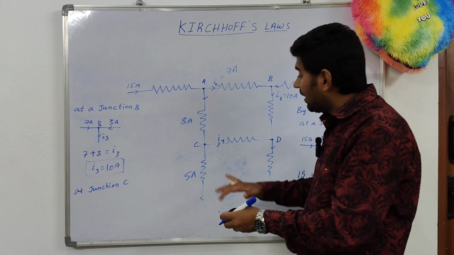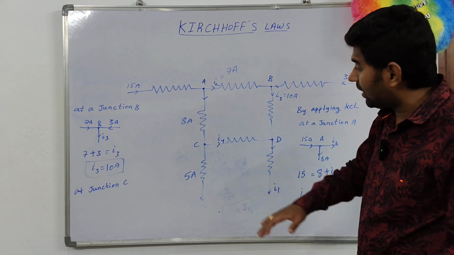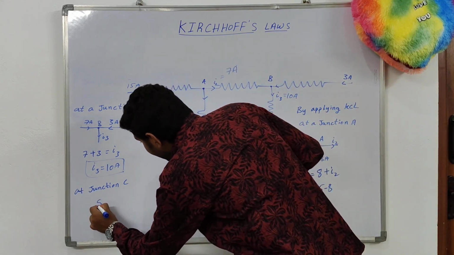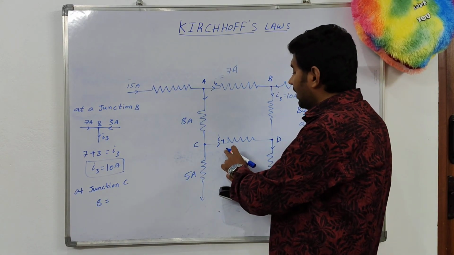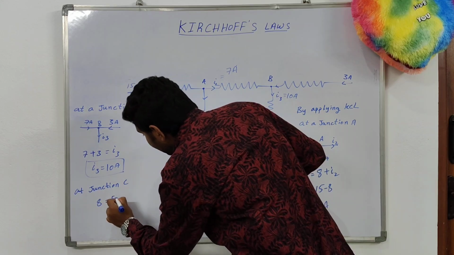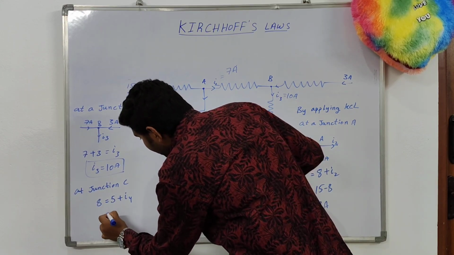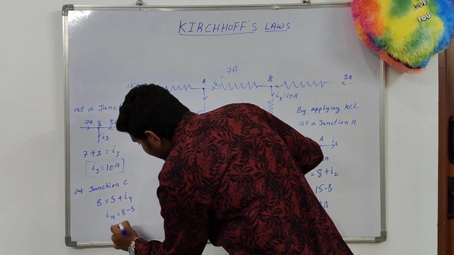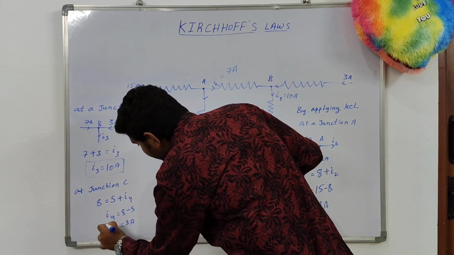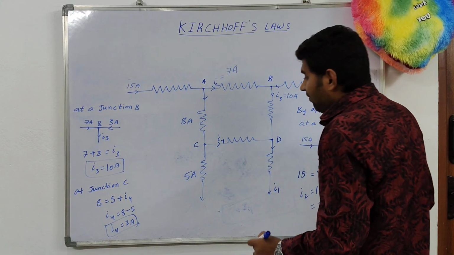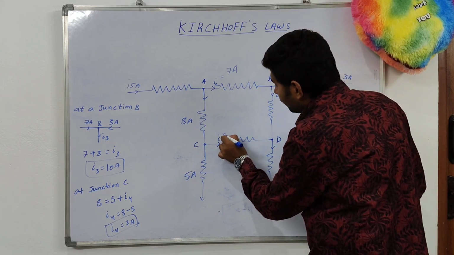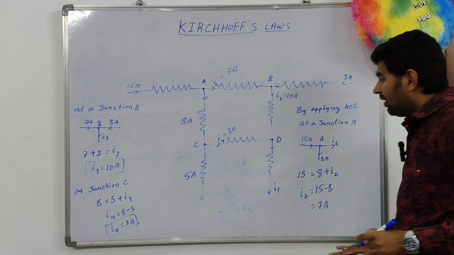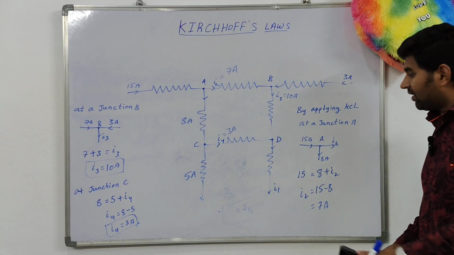The sum of the incoming currents is equal to the sum of the outgoing currents. 8 is incoming. 8 is equal to the sum of the outgoing currents, 5 plus I4. From this, I4 is equal to 8 minus 5. From this, I4 is equal to 3 amperes. We got I4 is equal to 3 amperes, and one more junction is left here.